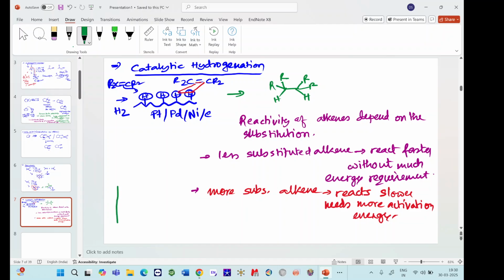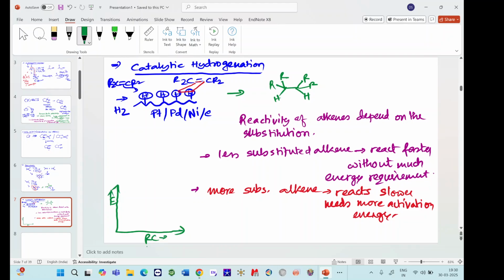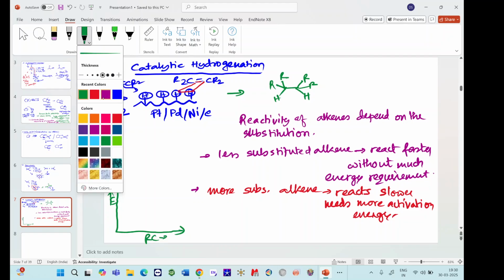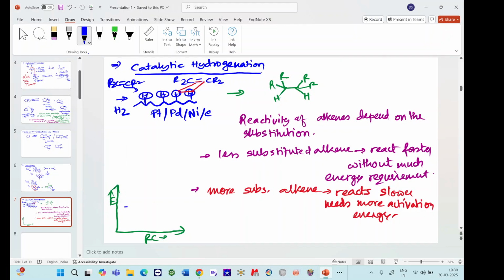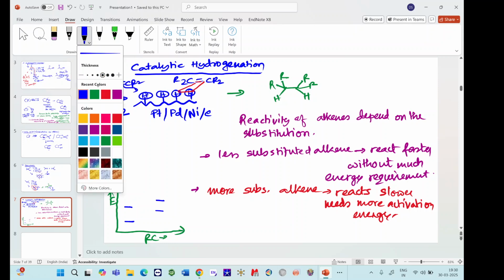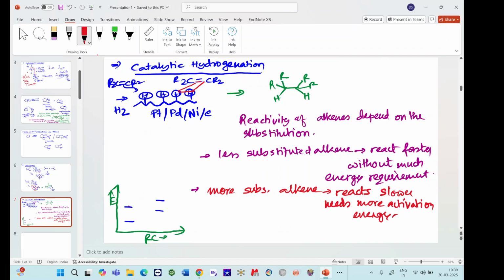So try to imagine a reaction coordinate with energy. This is your energy diagram, this is your reaction coordinate. Somewhere here you have the less substituted one, and here you have the more substituted one. So this is much more stable. And when it is going to the product, suppose this is the product, this one goes through an activation barrier to the transition state.